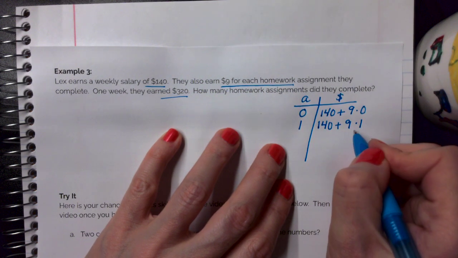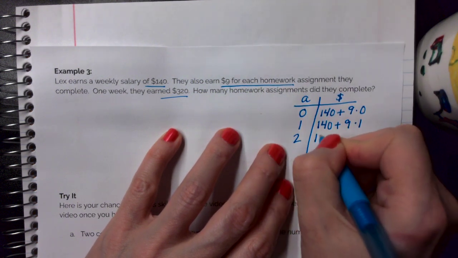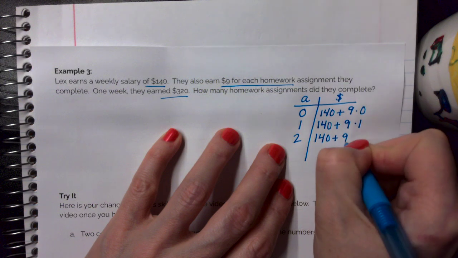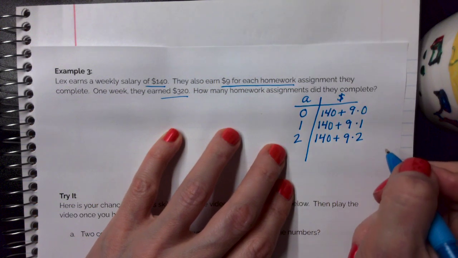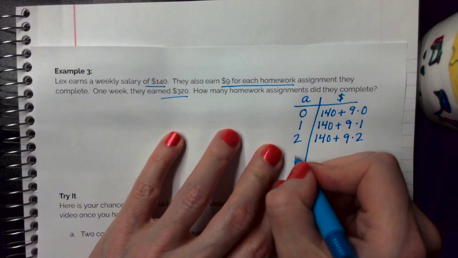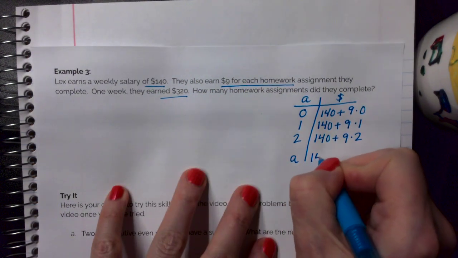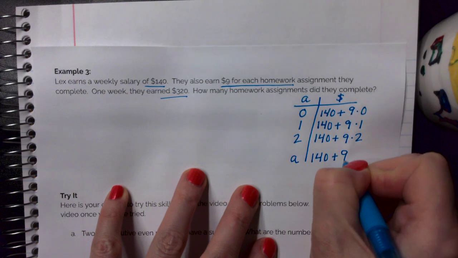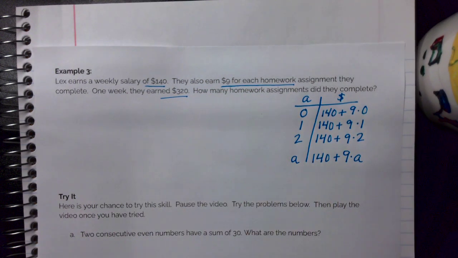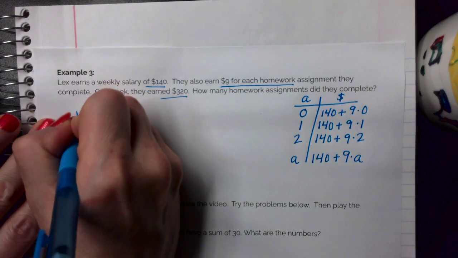They'd be earning $9 more beyond that. And if they were to do 2, they would do 9 times 2. And ultimately, if they were to do A homework assignments, if it was an unknown, it'd be 140 plus 9 times A.